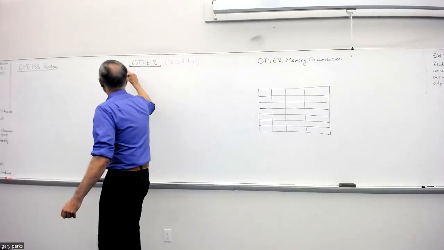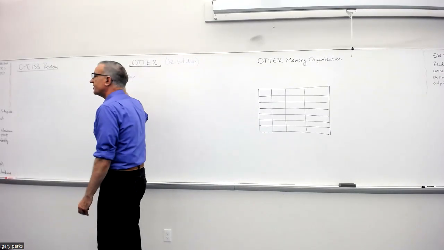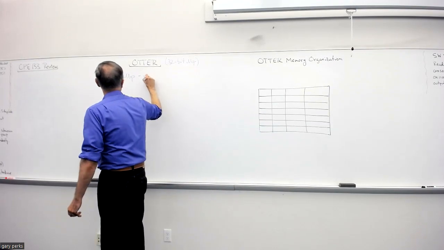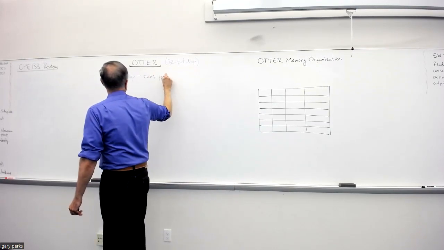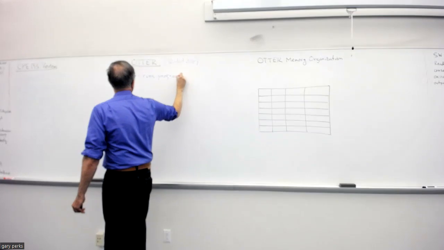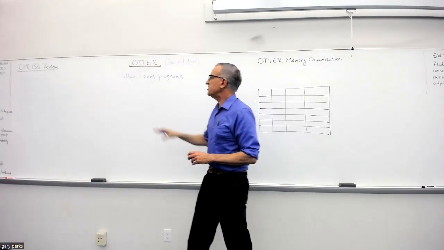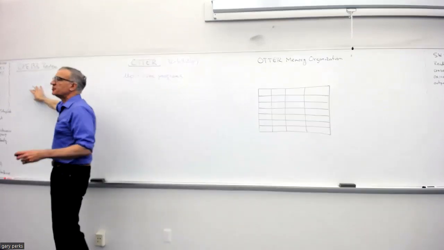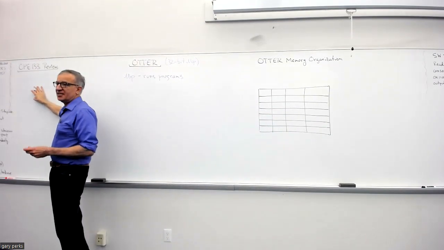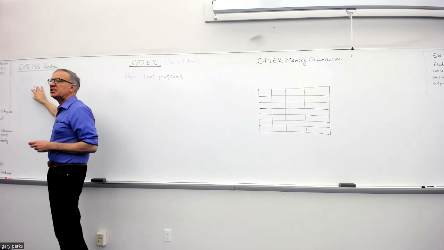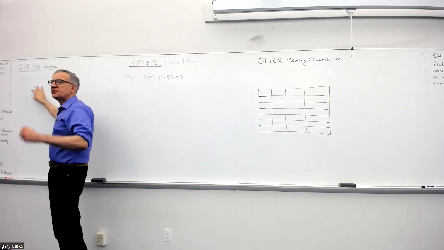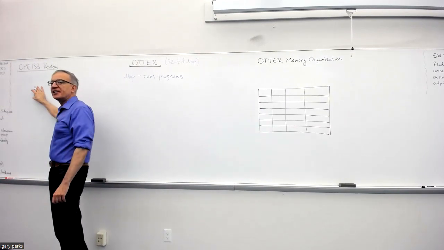But the key thing is that this Otter runs programs. It's going to be executing instructions, which an FPGA, like we talked about earlier, does not do. That's the fundamental difference between what you're doing in 133 and what you're going to be doing with the Otter.